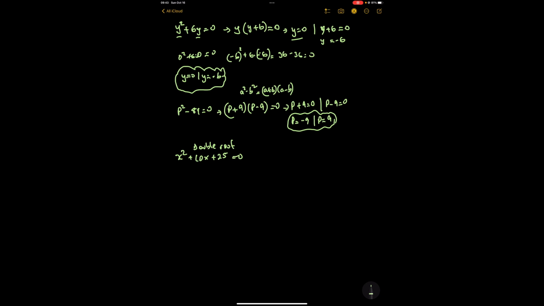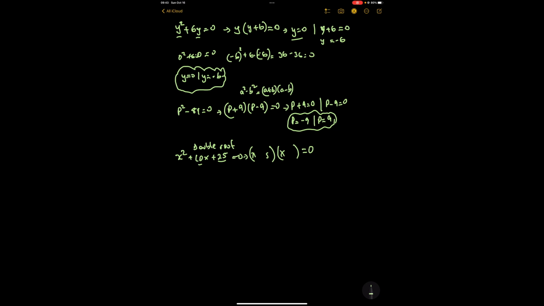What numbers, when you add them together, give you 10, and multiply together give you 25? Well, we have an x here and an x here, so x times x is x squared. What is the one number that gives you 25 when you multiply them together?